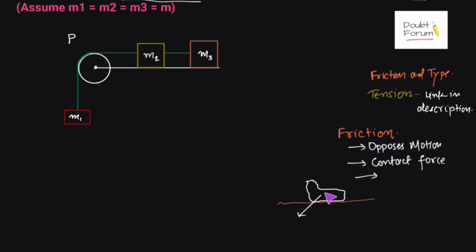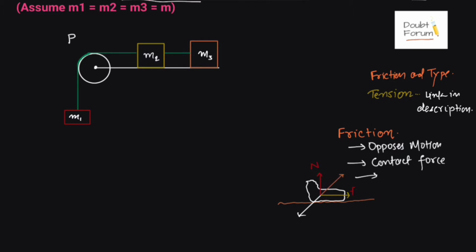So the ground would apply an equal and opposite force on the foot as per Newton's third law of motion. So on the foot this force would be acting. If we break it, there would be two components of this force. So this is called normal reaction and this is called friction.